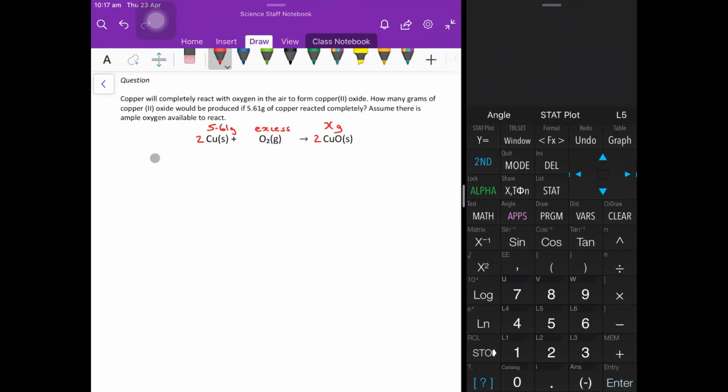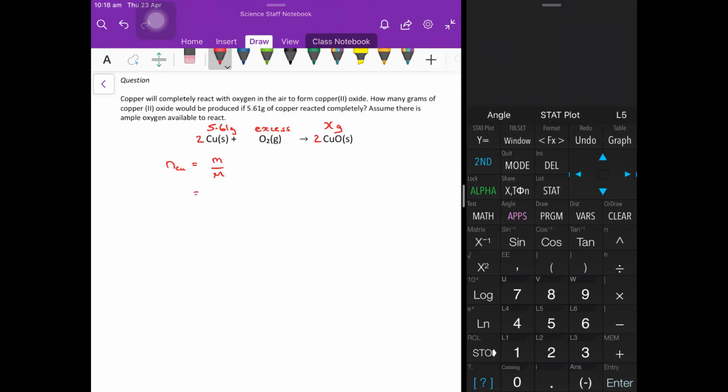So the equation to convert grams to moles is n equals m over M. Now to make sure I'm clear as to the fact that I'm calculating the number of moles of copper, I'm going to write a little subscript Cu beside the n. The number of moles is equal to the mass divided by the molar mass.